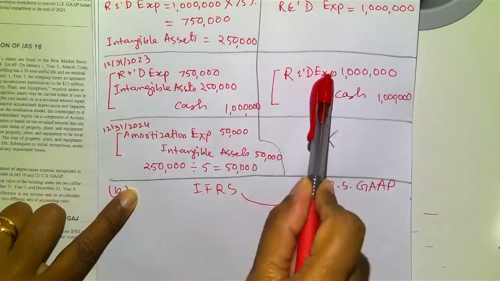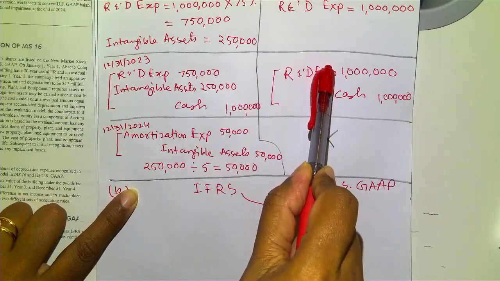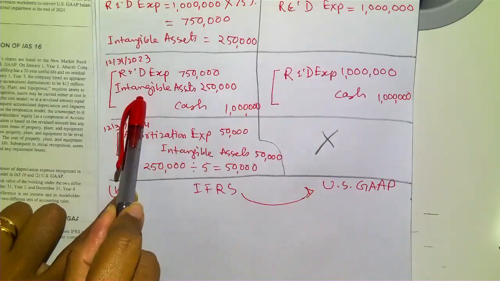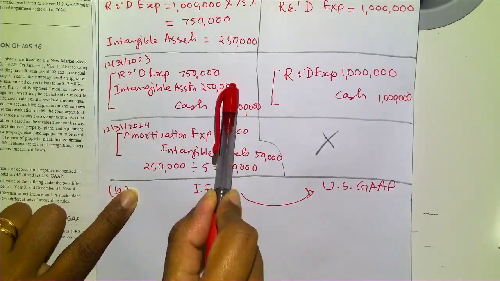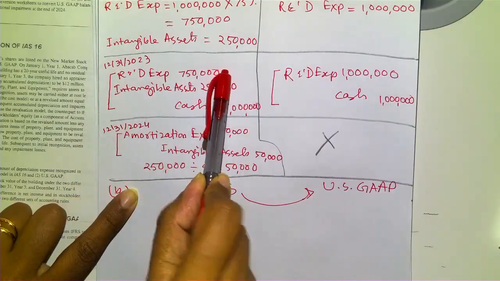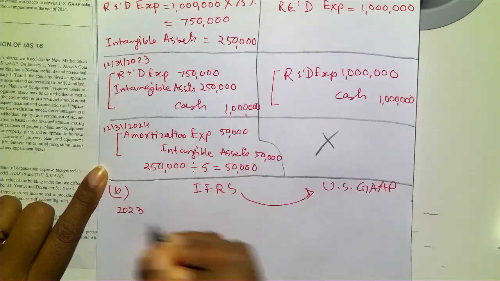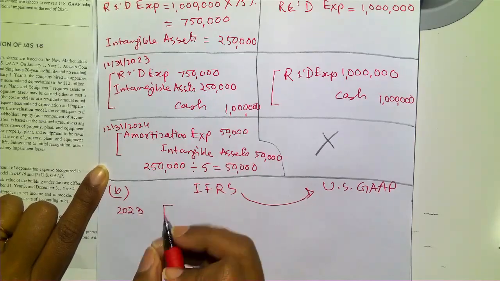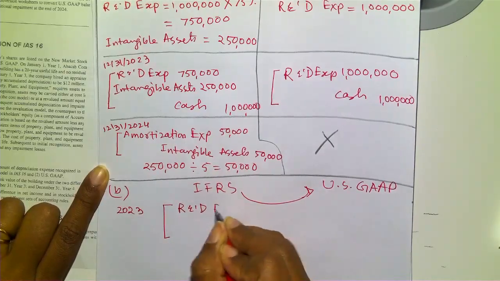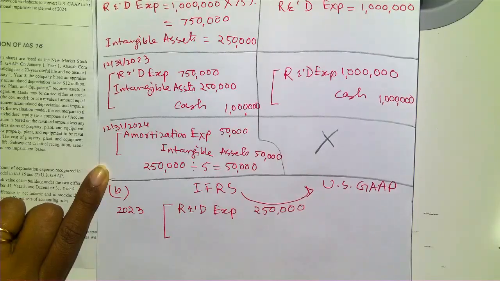R&D expense, what do I need to do? Increase by how much? 250. As a US GAAP company, I don't need to show intangibles. So I have to eliminate these intangibles, and I have to increase R&D. So for 2023's conversion entry, debit R&D expense by 250, and as a US company, I cannot show intangibles.